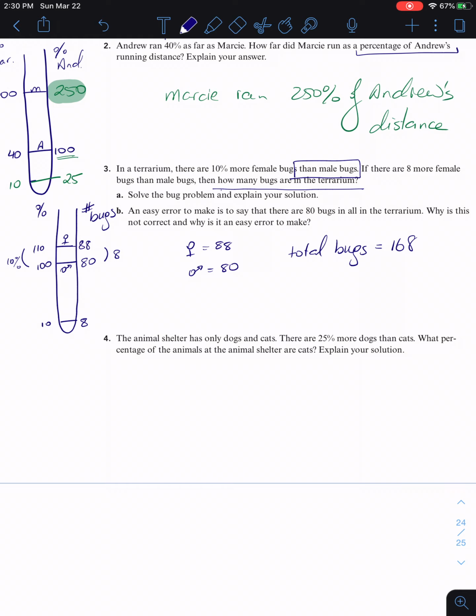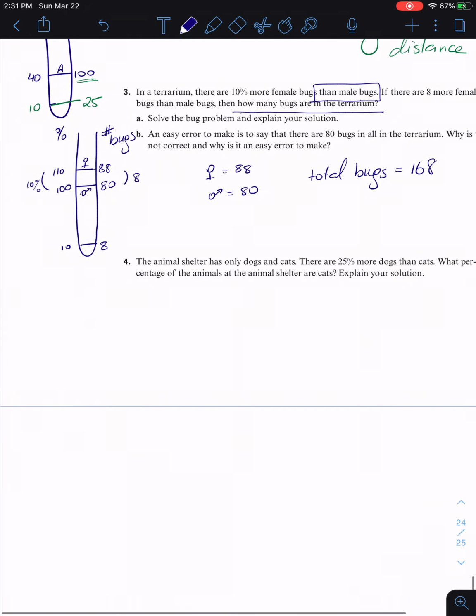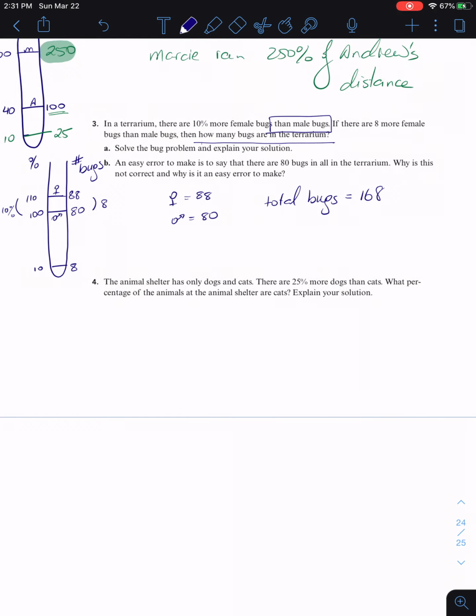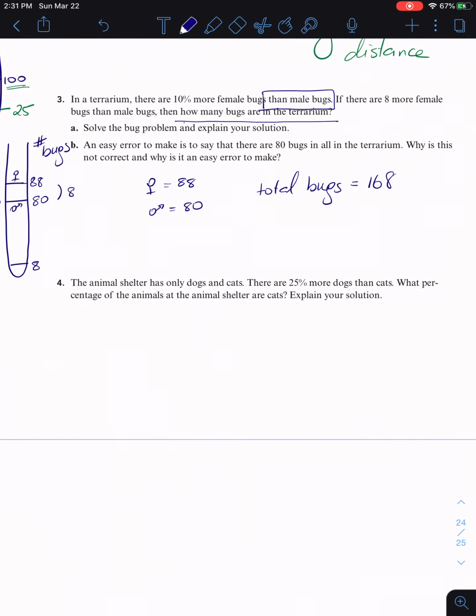Okay. And finally, the last question. The animal shelter has only cats and dogs. There are 25% more dogs than cats. What percentage of the animals at the animal shelter are cats? Now let's look at the wholes here, what we're comparing to.